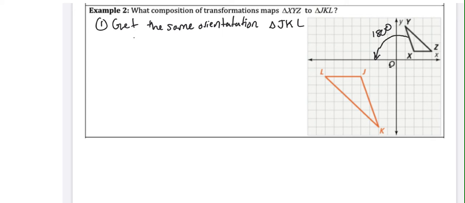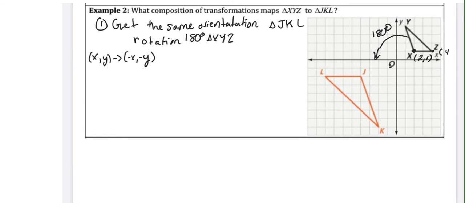So let's do a rotation of 180 degrees of triangle XYZ. 180 degrees should change (x, y) to (-x, -y). Our original X is at 2, 1.